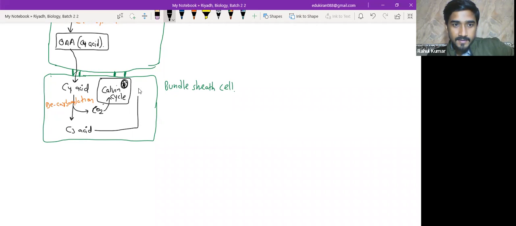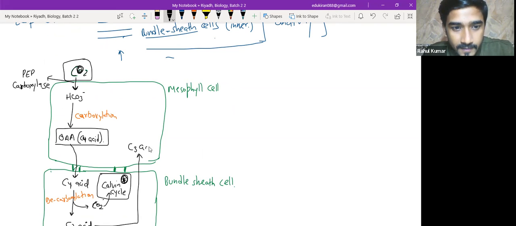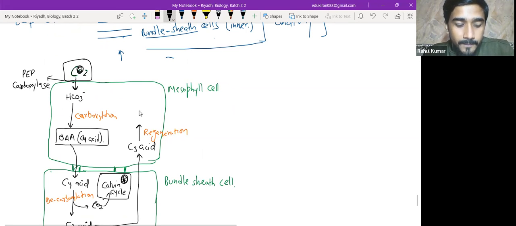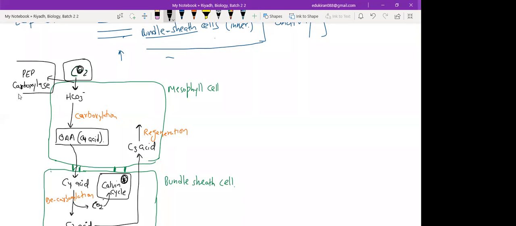This C3 acid is sent back into the mesophyll cell, where pyruvate will undergo regeneration to make what? What should we make? Which enzyme should come back again? Rubisco. PEP.